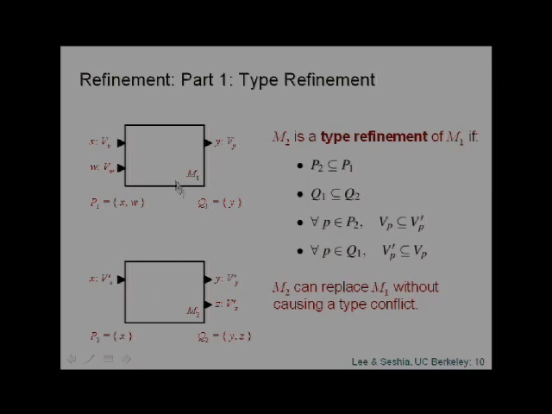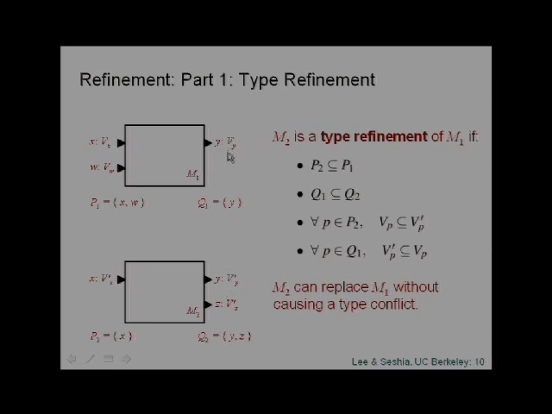So in terms of the types of the output, is there any difference between M2 and M1? If we assume that V prime Y is the same as Vy, there is no difference, right? The output type of Y down here is the same as the output type of Y up over here. So in general, in this case, you can replace M1 with M2.